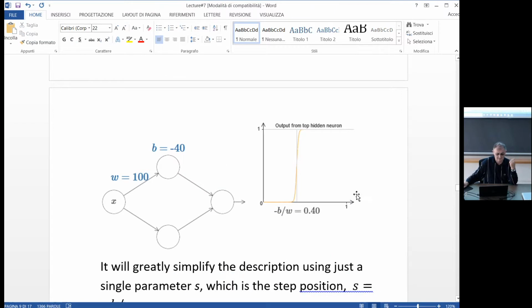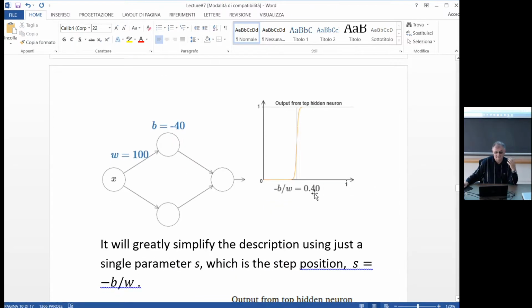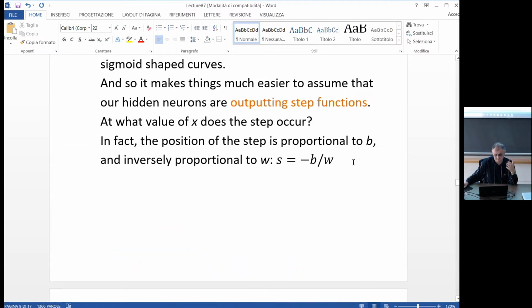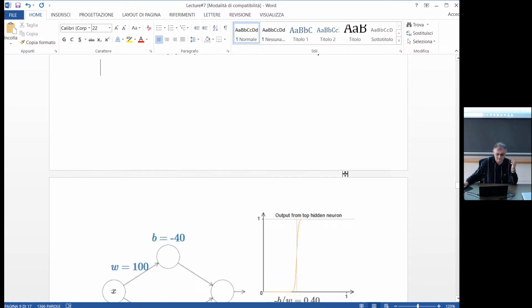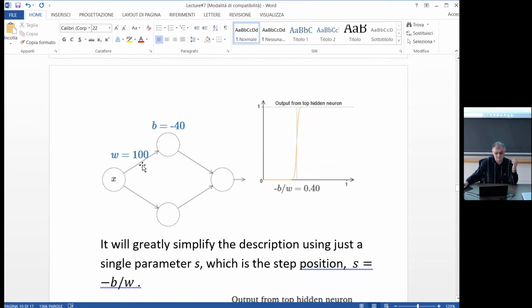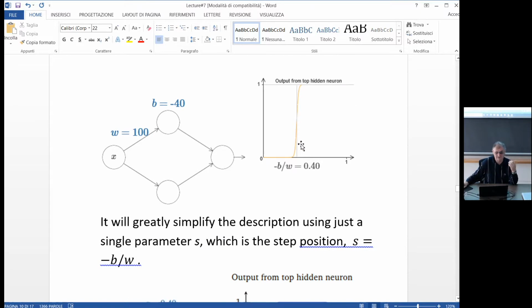So, for example, of course, this jump is not precisely vertical. For example, for W equal to 100 and B equal to minus 40, the jump function is some smooth function like a logistic function, but it approximates a jump, a step function.